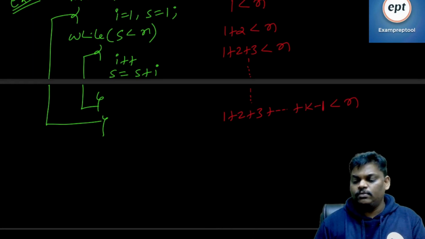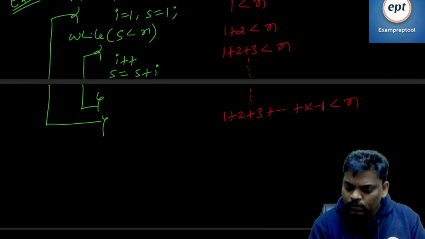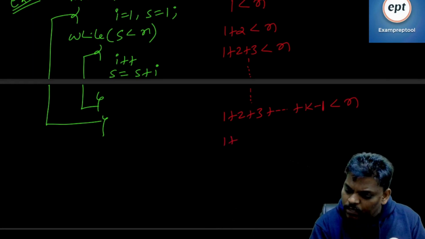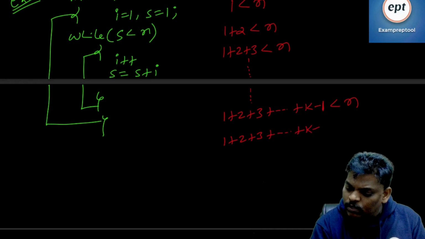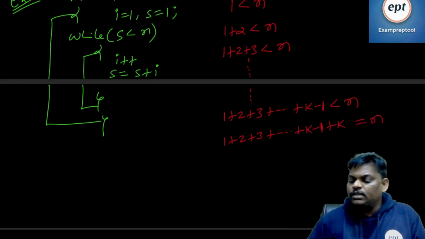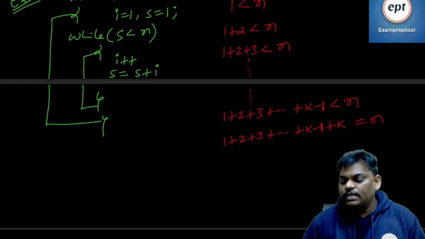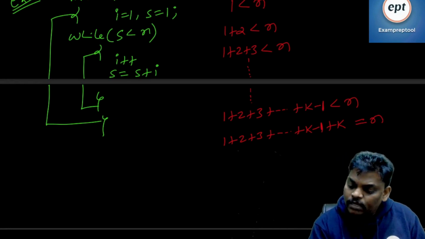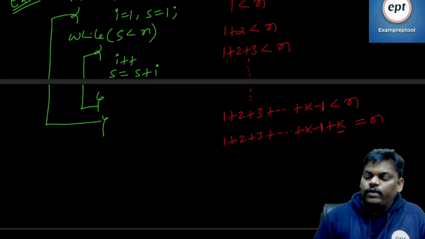Next, 1 plus 2 plus 3 and so on up to k is equal to n. After reaching k, they both are equal. S is increasing. After k times, 1 plus 2 plus 3 and so on up to k is equal to n. So we have to find out for which value of k these two will be equal.